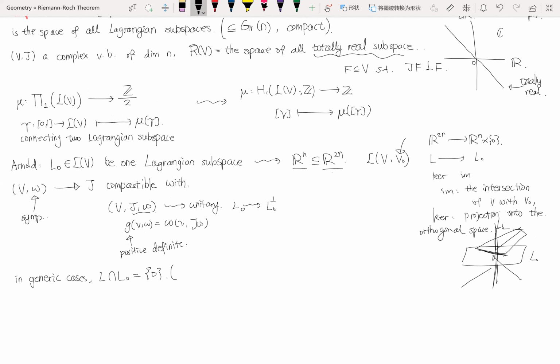That is, they are transversal. Then there will be some cases when L intersect with L0 is non-zero, so they are not transversal.